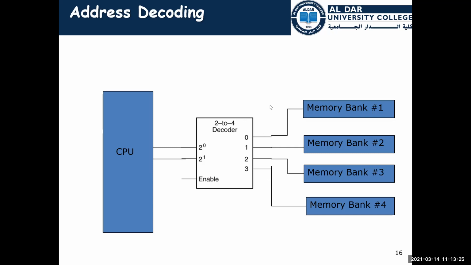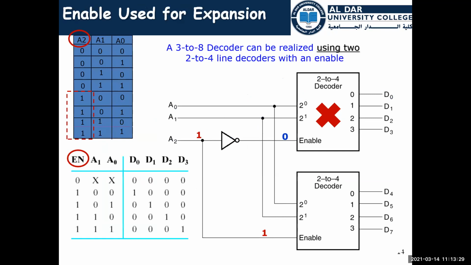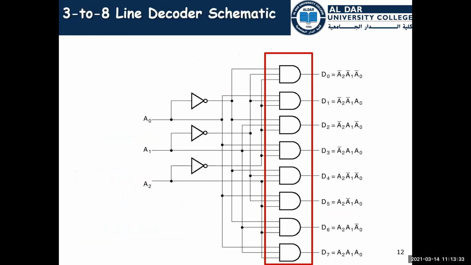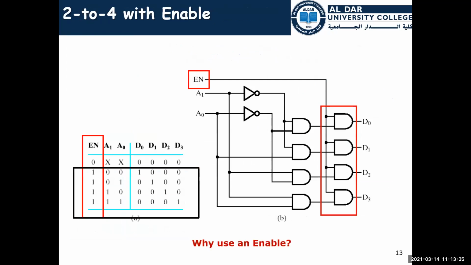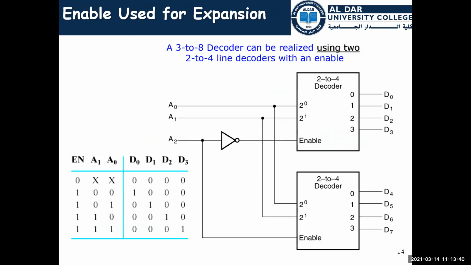Okay, let me ask another question. This one is important. Can anybody tell me how to realize a 3 by 8 decoder using two copies of 2 by 4 decoder?